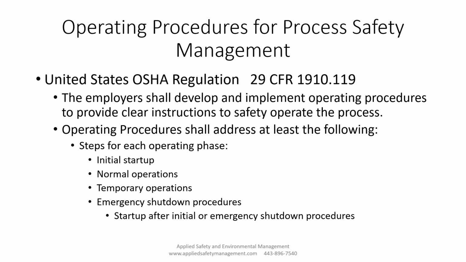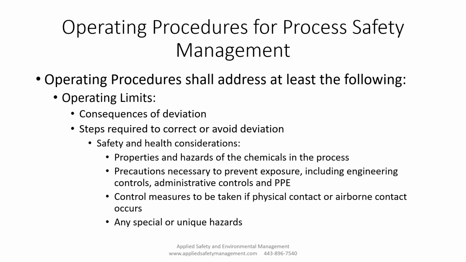Let's go on with a couple more things that we have to put inside these procedures. We have to list the operating limits of the procedure, and then we have to talk about the consequences of deviation. Is the pressure too high, the pressure too low, temperature too high, temperature too low? Think about how you're going to have a range, and as long as you're within that range, you're doing great. But if you go out of that range, you're going to have some consequences because now you've deviated.